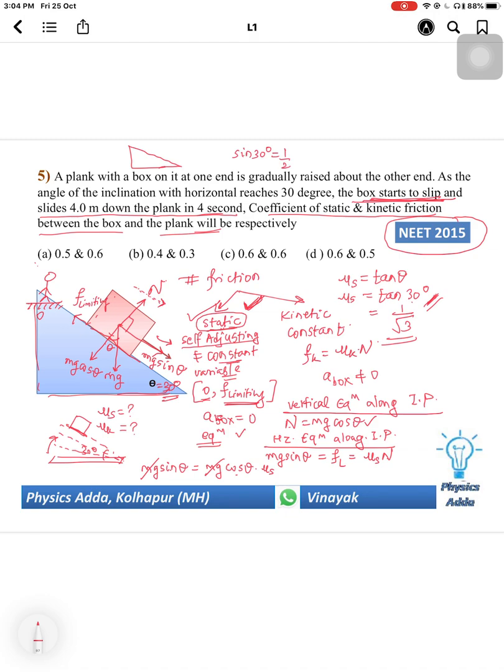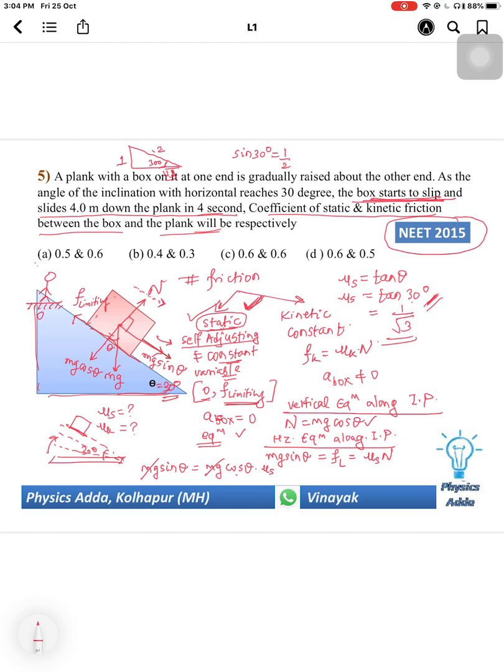Sine is this side, opposite to 30 degrees, divided by the hypotenuse. So this is 1 and this is 2. This will be what? Root 3, as per Pythagoras theorem: 4 minus 1 is 3, under root, root 3.